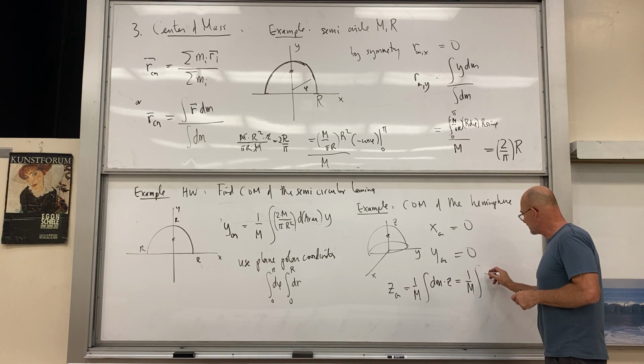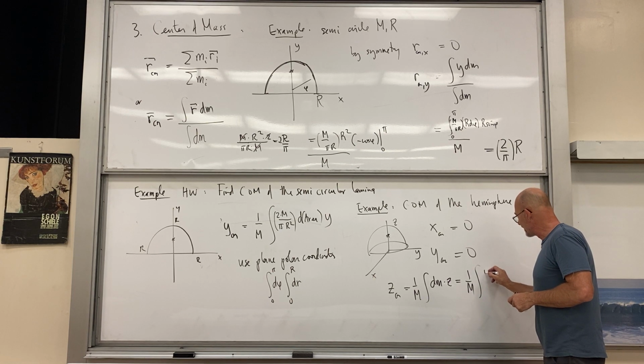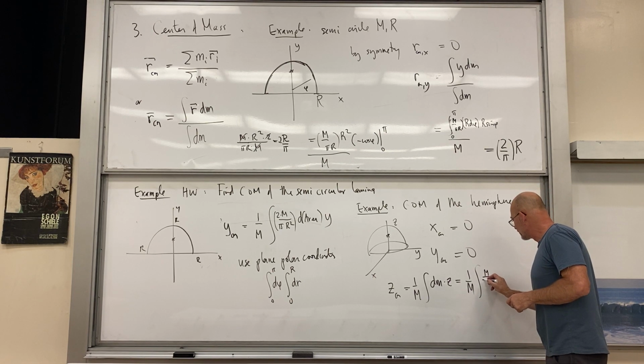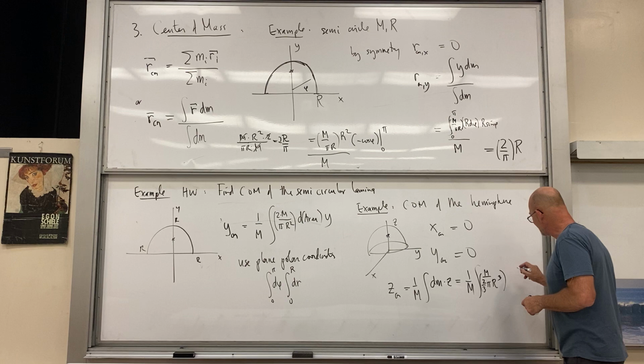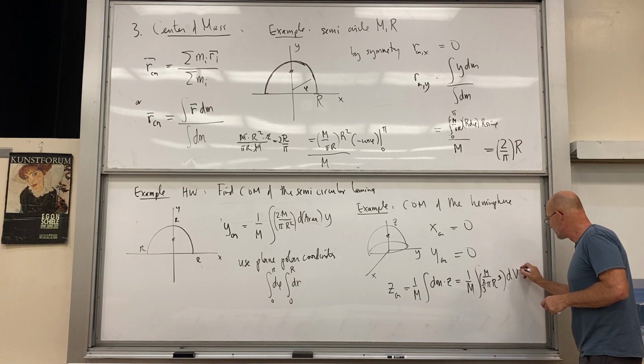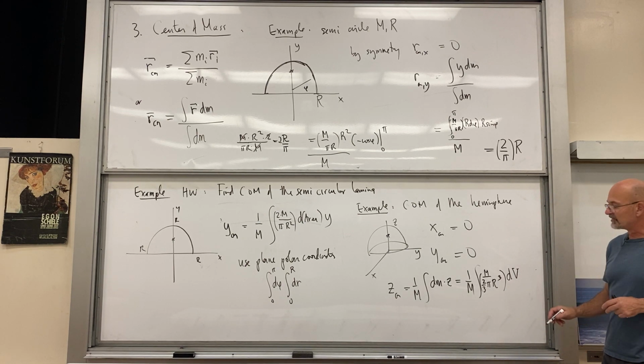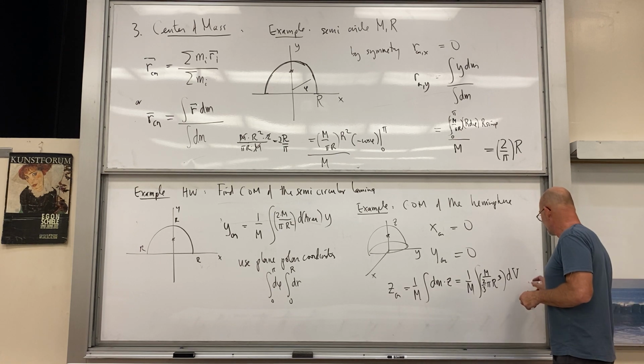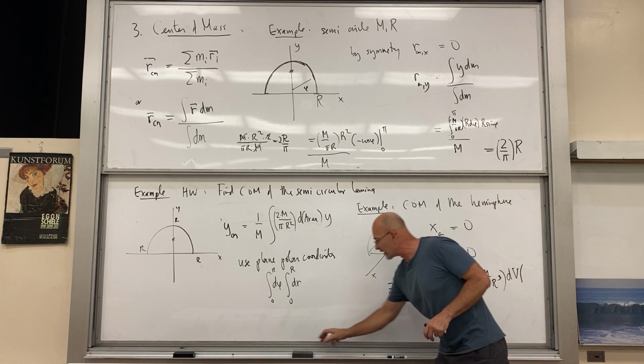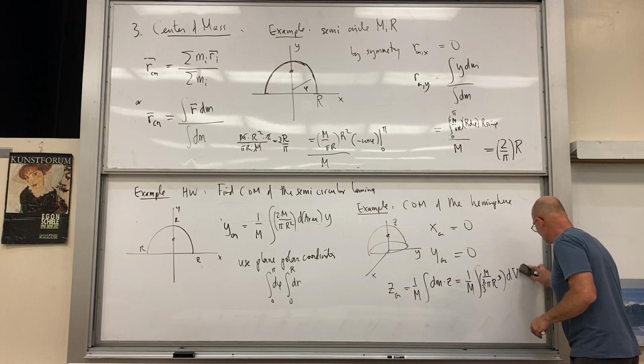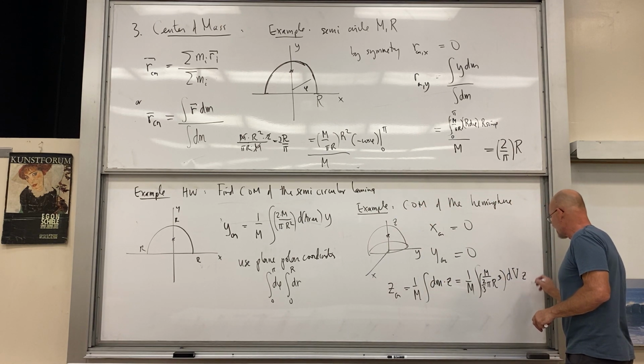We can have the density, which would be mass over 2/3 pi radius cubed. And now we need a d volume in spherical polar coordinates. And then we would have the Z component, times Z.